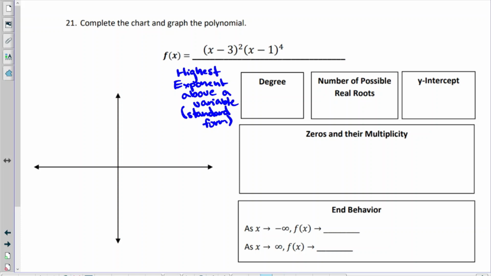We did the Jeopardy review yesterday, and when I put up a polynomial, a lot of people were just adding up the exponents, which is actually what you do for these ones because they're in factored form. So in standard form, you just count the highest exponent above a variable because everything's already multiplied out.